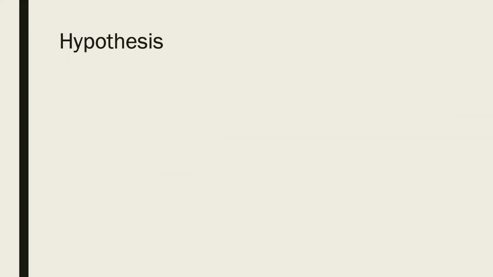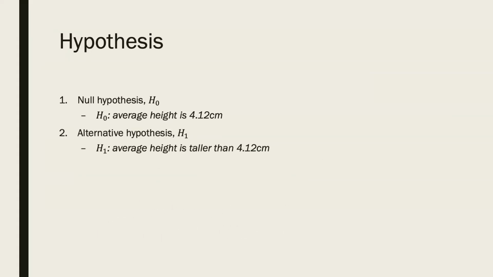So we need to compute our hypotheses. The first one, our null hypothesis, we assume that the average height is still 4.12 cm. And the alternative hypothesis is just the average height is taller than 4.12 cm.